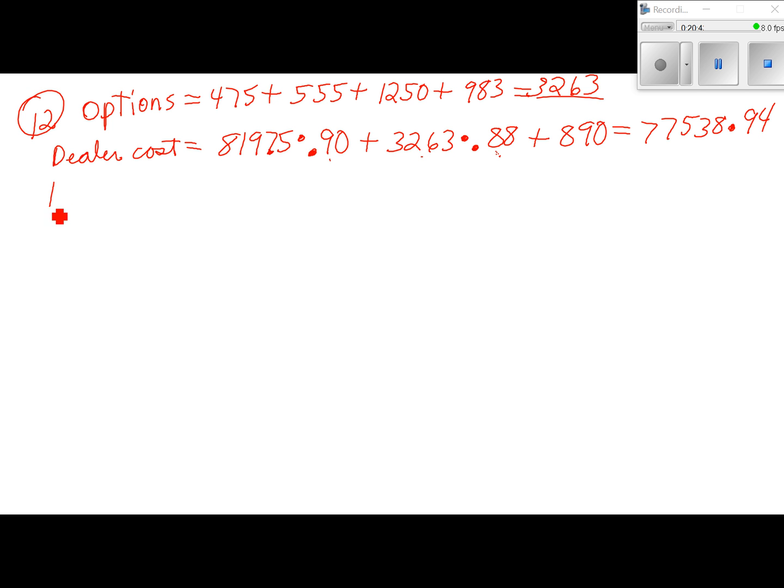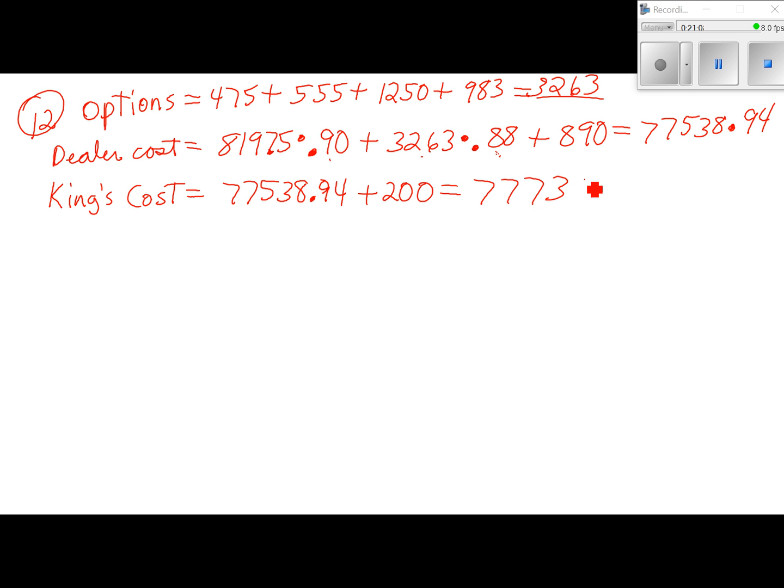So, Mr. King's cost is that dealer cost, which is $77,538.94 plus 200. That comes up to $77,738.94. So that's his cost, but we haven't added on the tax yet.